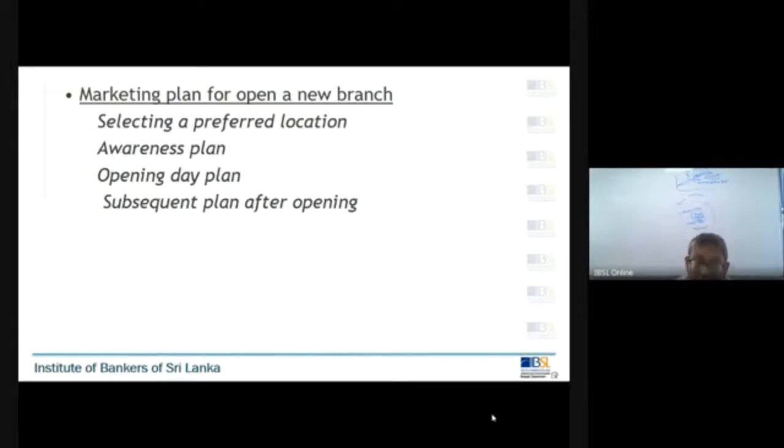Before you open a new branch, you must have an awareness campaign. Your marketing plan is basically about the awareness plan: publicity, marketing campaign, house to house, schools, government institutions in your area, sponsoring any public event, carrying out some CSR activity. That is your awareness plan.